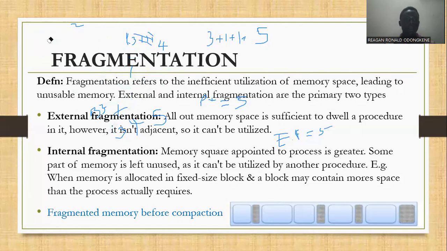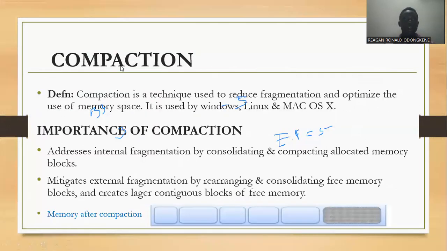Let me just wrap this off as we go to the next slide. Then we shall learn about compaction. By definition, compaction is a technique used to reduce fragmentation and optimize the use of memory space. So we are bringing compaction so that we reduce the fragmentation of available memory, to reduce the non-contiguous unallocated memory.